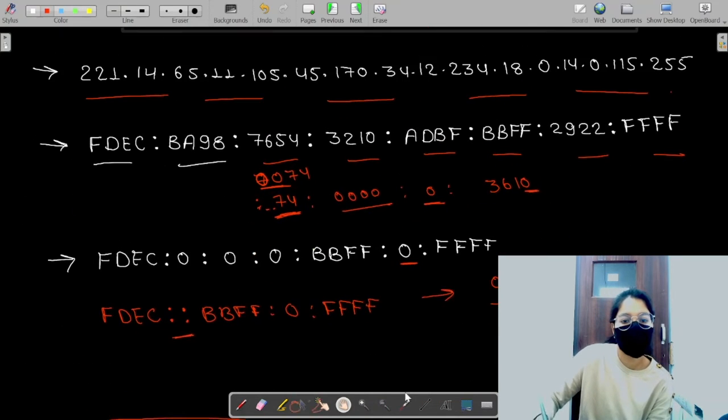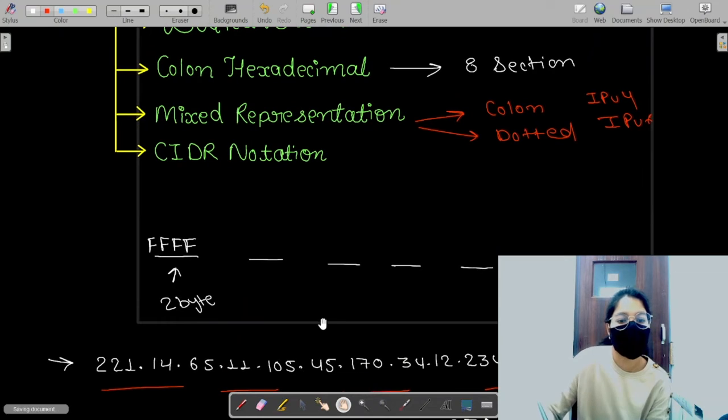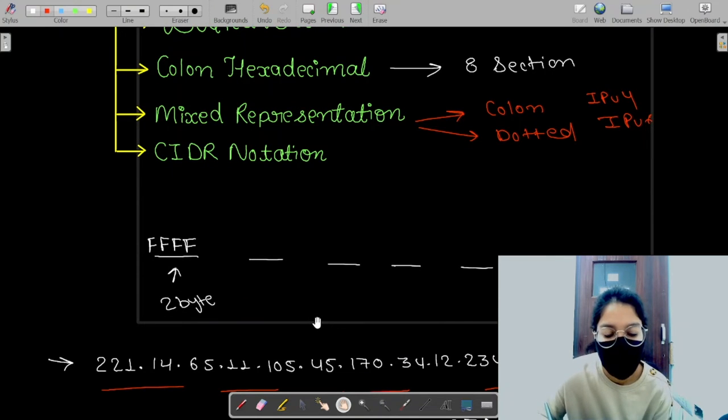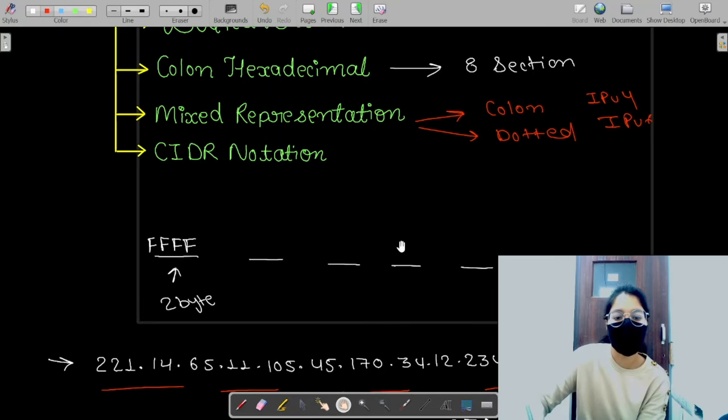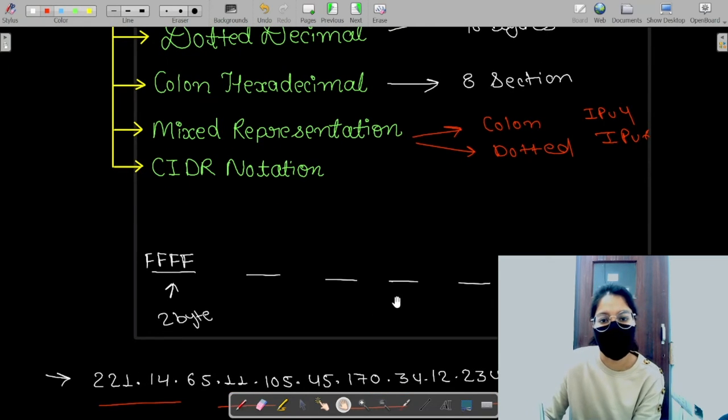Now the last, the fourth notation, that is CIDR notation. We know IPv6 uses hierarchical addresses. For this reason IPv6 allows classless addresses, or CIDR notation.